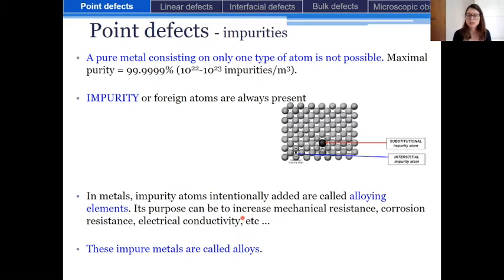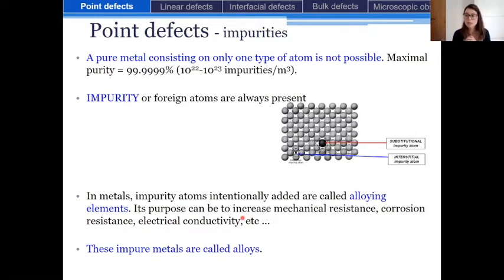And in metals, impurity atoms intentionally added are called alloying elements, as we saw in the case of silver and copper. Its purpose can be to increase mechanical resistance, like in the case of silver, in which we introduced a small amount of copper.